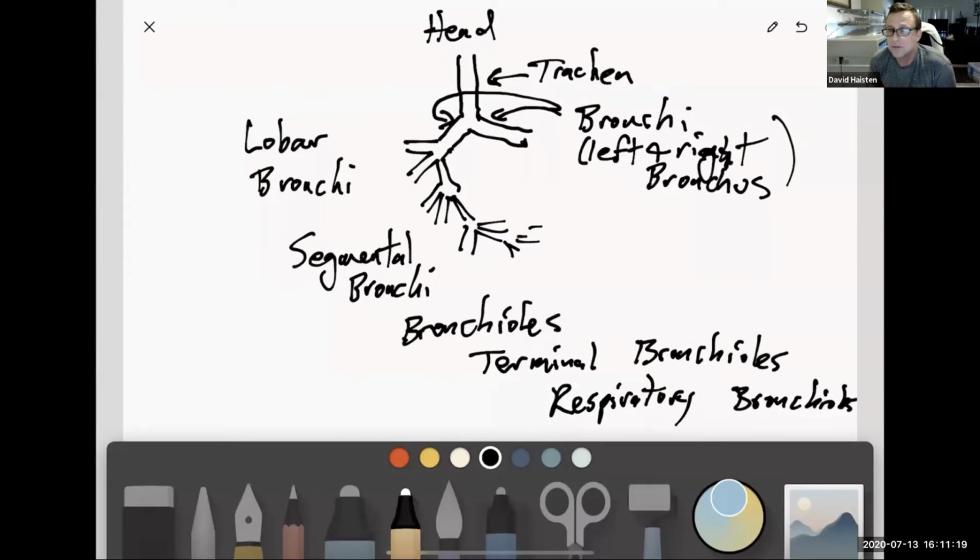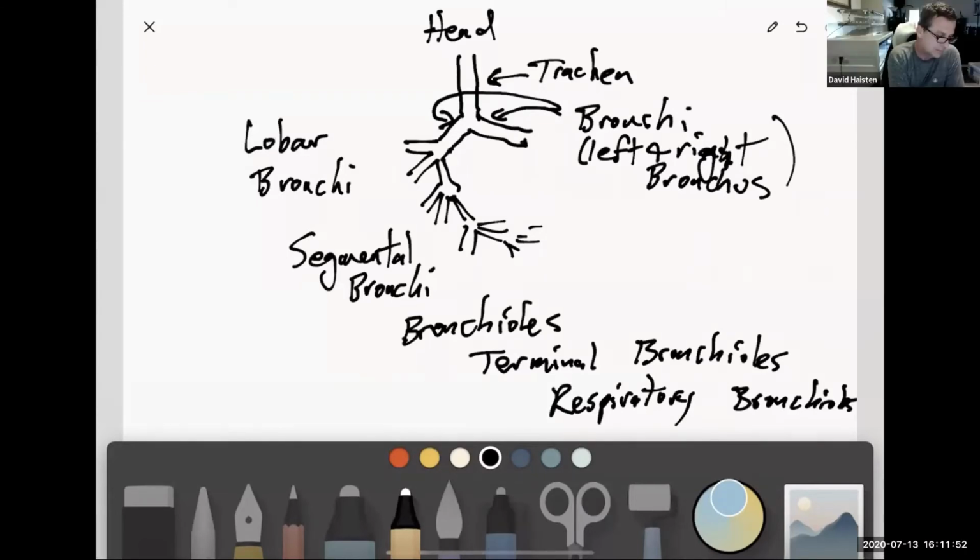There are 2 lobes in your left lung, 3 lobes in your right lung. 3 versus 2? There it is, just like that. 2 lobar bronchi in your left lung, 3 in your right, and that's it. Okay, then we go to segmental bronchi. There's segments of the lung. Don't worry about the segments of the lung. That's above and beyond.